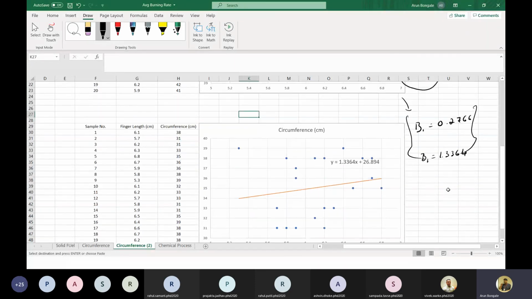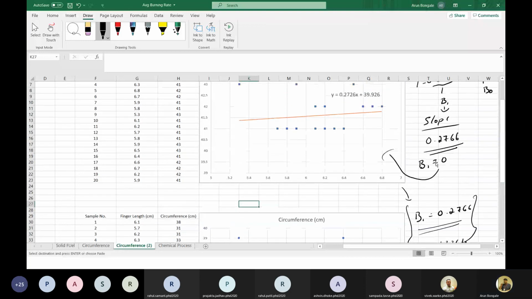Again, you need to set the rejection criteria here, right? So whether B1 is equal to 0, it may range from minus 0.25 to plus 0.25. If this is the range you are setting, and you consider it equal to 0, then this will hold good.